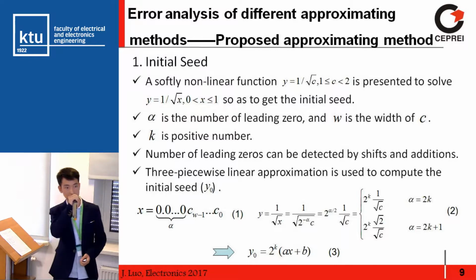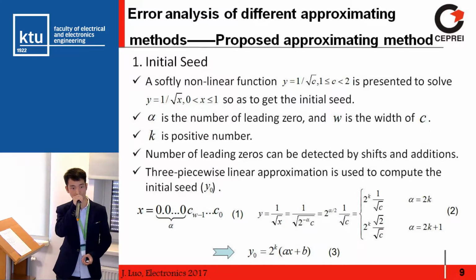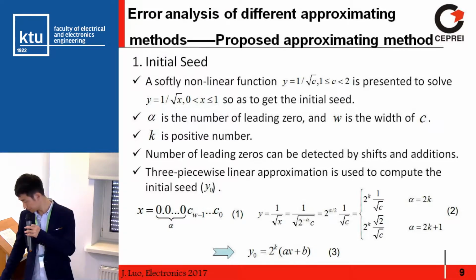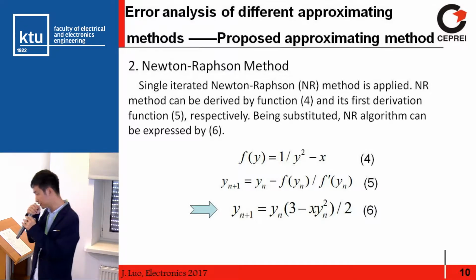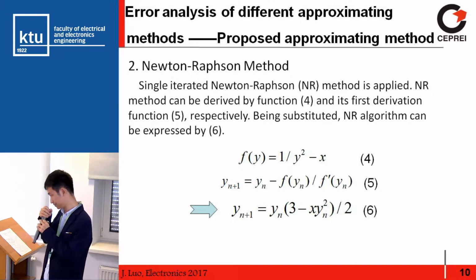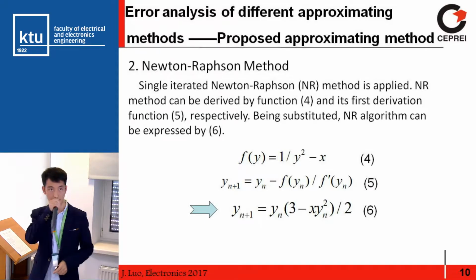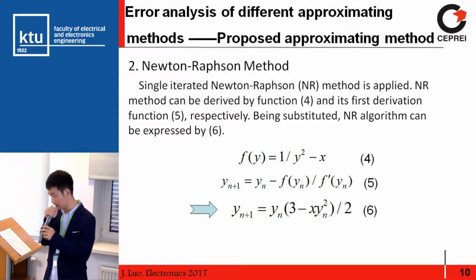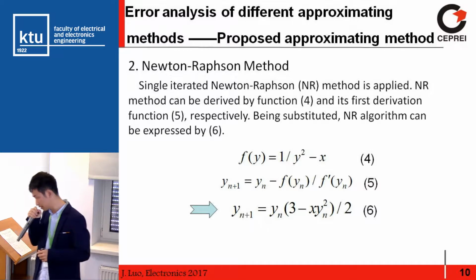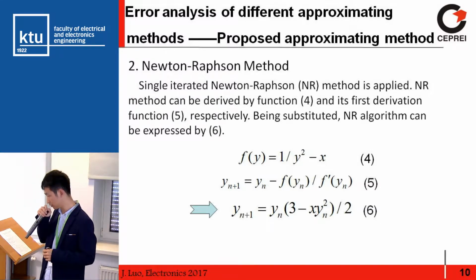We use these equations to implement the initial seed, with the 3-piecewise linear approximation. And we use the Newton method to compute the result of the inverse square root. This is the derivation of the Newton method.